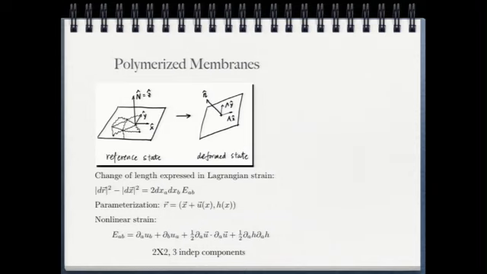Now in the deformed state, the normal vector is little n, used to be z. We also call it capital N in the undeformed state. Both the x-axis and the y-axis are also deformed. So we can also calculate the change of distance between two mass points, dr squared minus dx squared. Again, it can be expressed in terms of E, the Lagrange strain tensor.